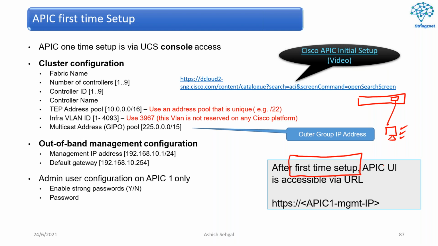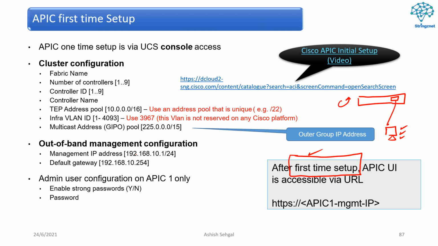So your laptop is connected to the port and now it is powered on. The moment you power it on, one CLI option will come in front of you. That is called controller first time setup.